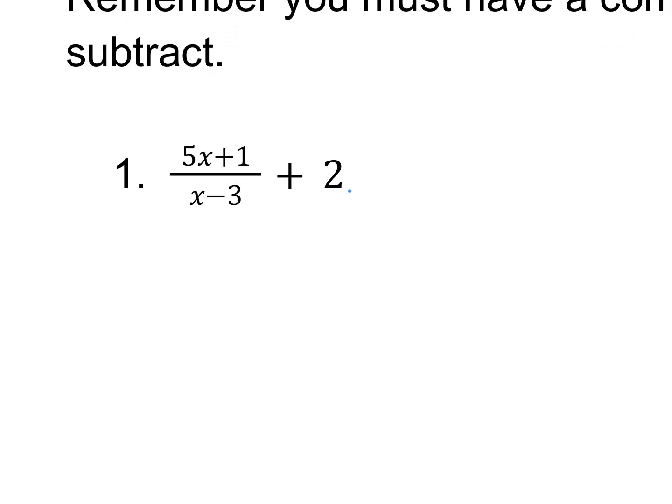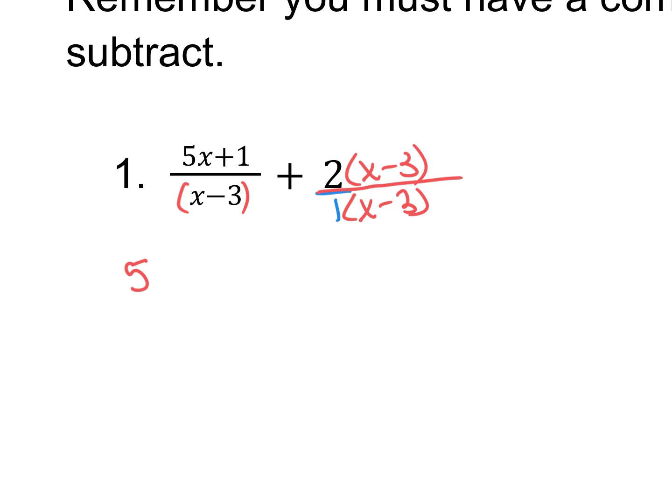If I think of this as a fraction over 1, in order to combine my numerators, I have to have the same thing in the denominator. Well, I have an x minus 3 in this denominator, which means I also have to have an x minus 3 in this denominator. But whatever I do to the bottom, I have to do the same thing to the top.